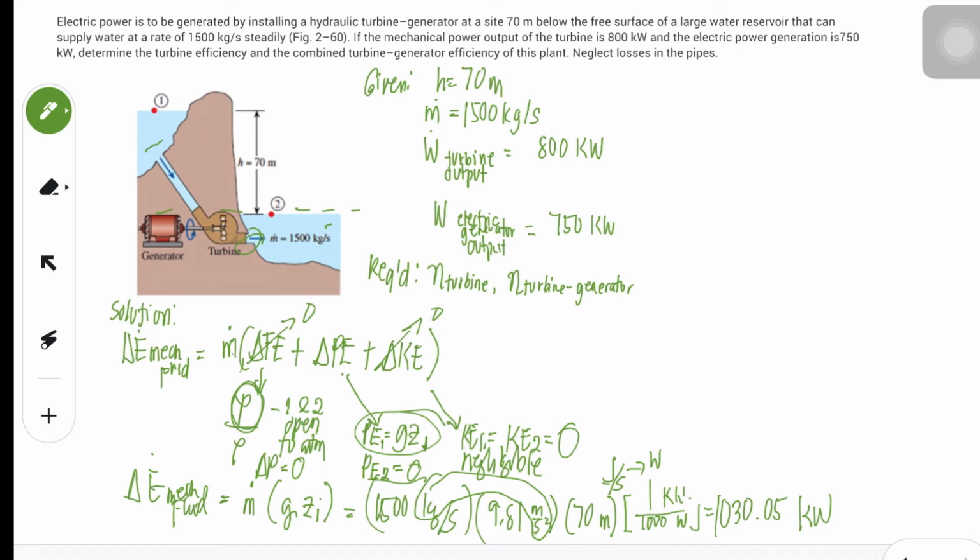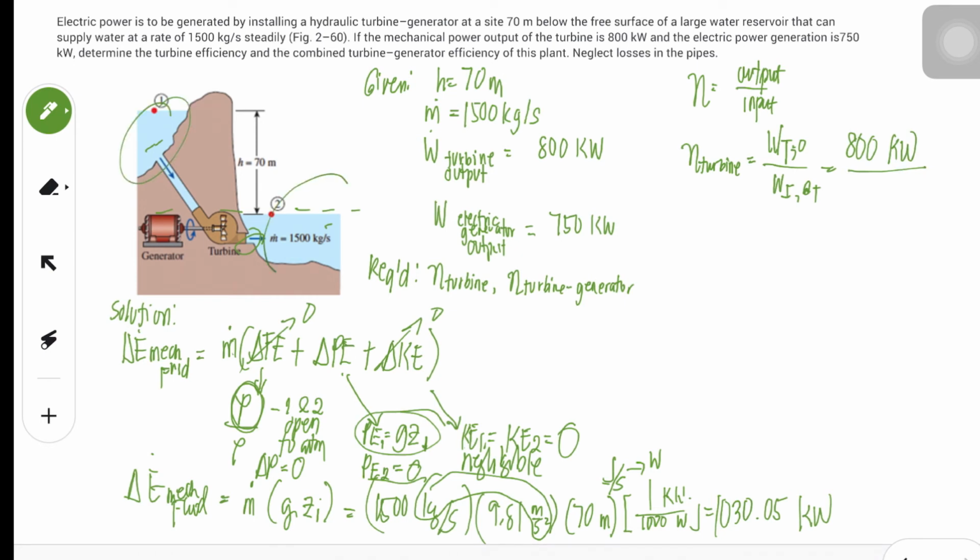So we all know that efficiency is always output over input. Finding for the turbine, what is the output? Given the output of the turbine over the input at the turbine. Take note, the work output is given, so 800 kilowatts over, what is our input here?